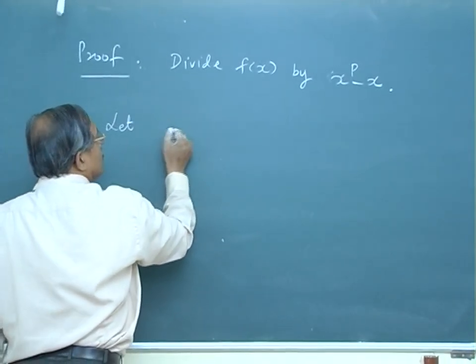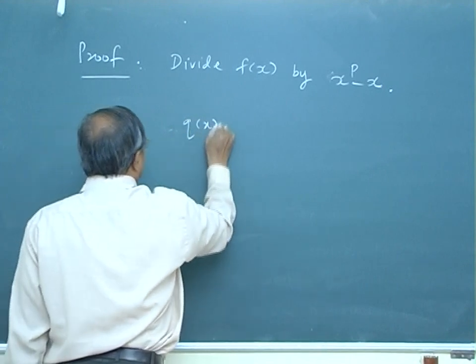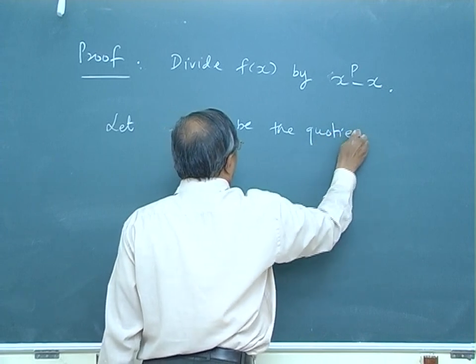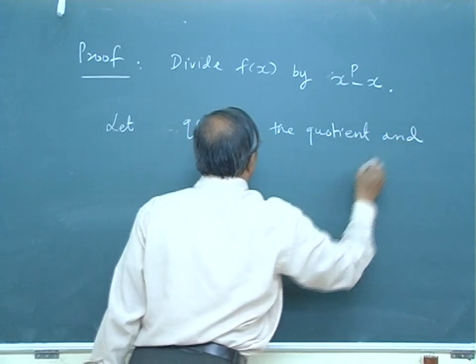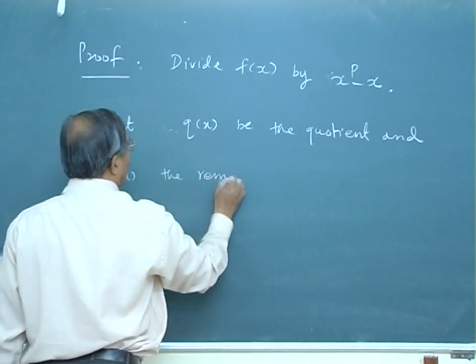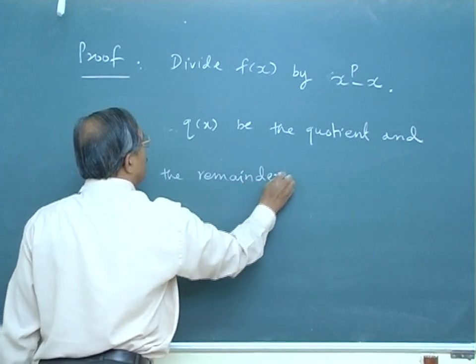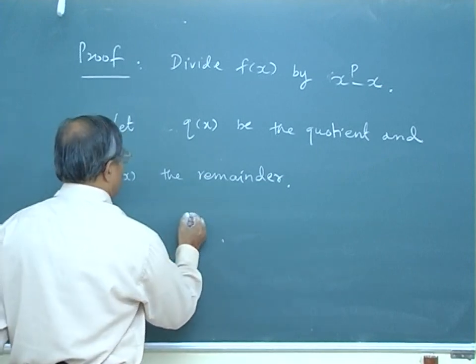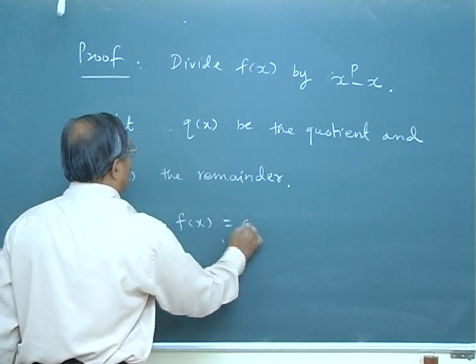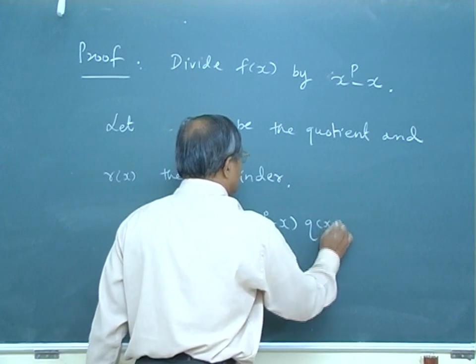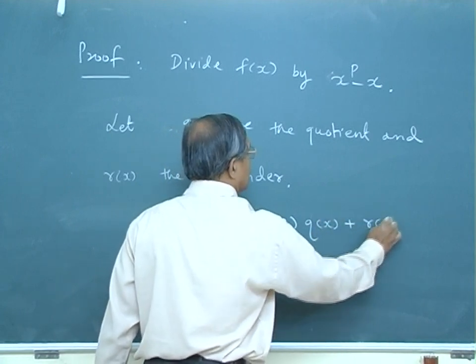Let q(x) be the quotient and r(x) the remainder. So what we have got is f(x) equal to x raised to p minus x into q(x) plus r(x).